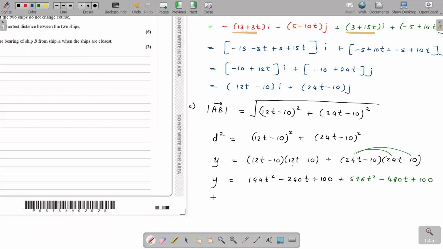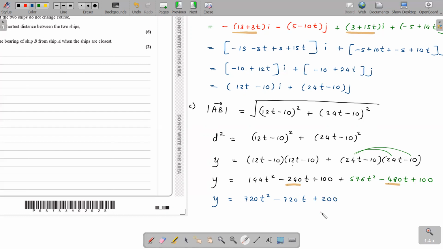How much is y? 144t squared plus 576t squared is 720t squared. Minus 240t minus 480t is minus 720t. 100 plus 100 is 200.